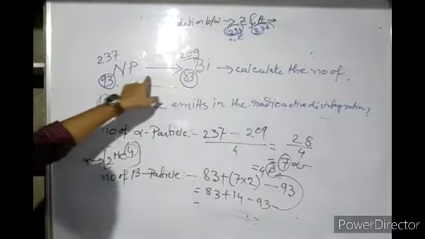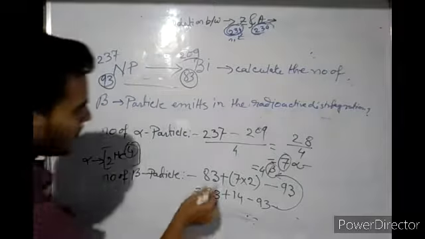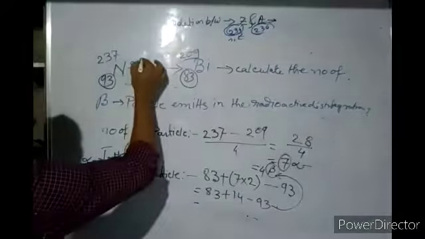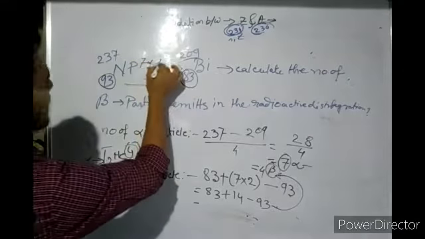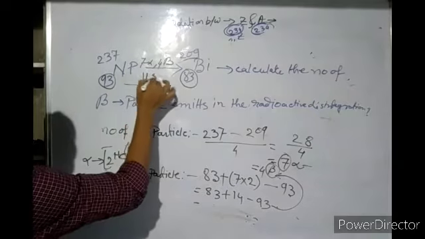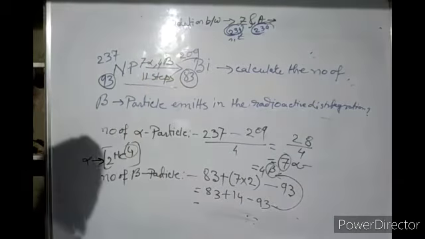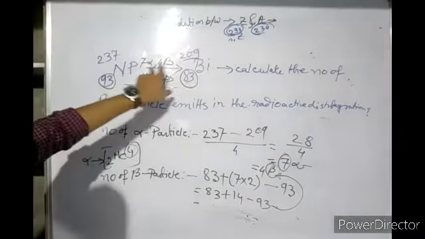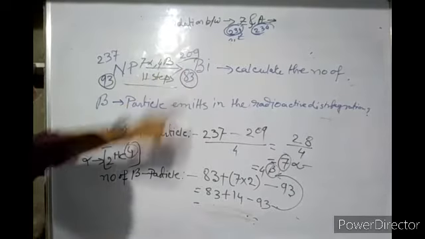So in this radioactive series, from the formula we can calculate that 7 alpha particles are emitted and 4 beta particles are emitted. Total 11 steps.